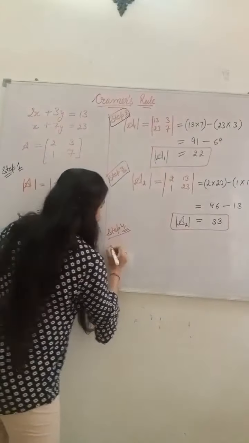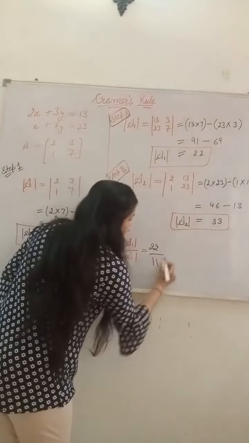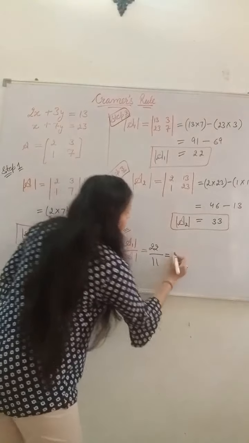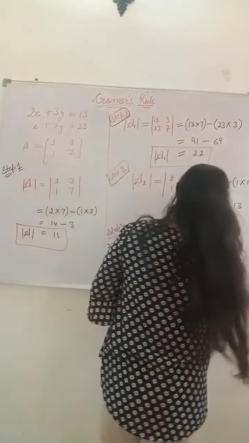Now step 4, the value of x will be calculated from A1 determinant upon A. Just put the values of A1 determinant and A, that is 22 upon determinant A, which is 11, that is 2. Now step 5.